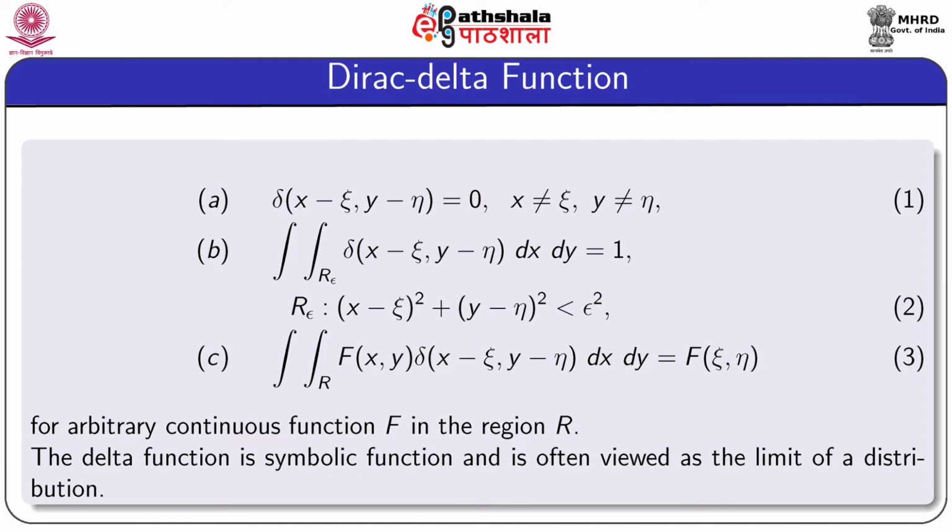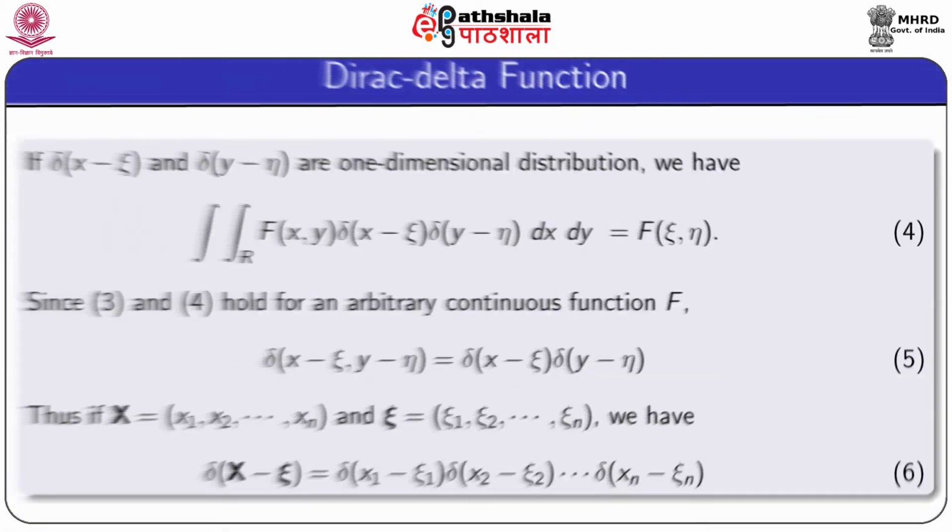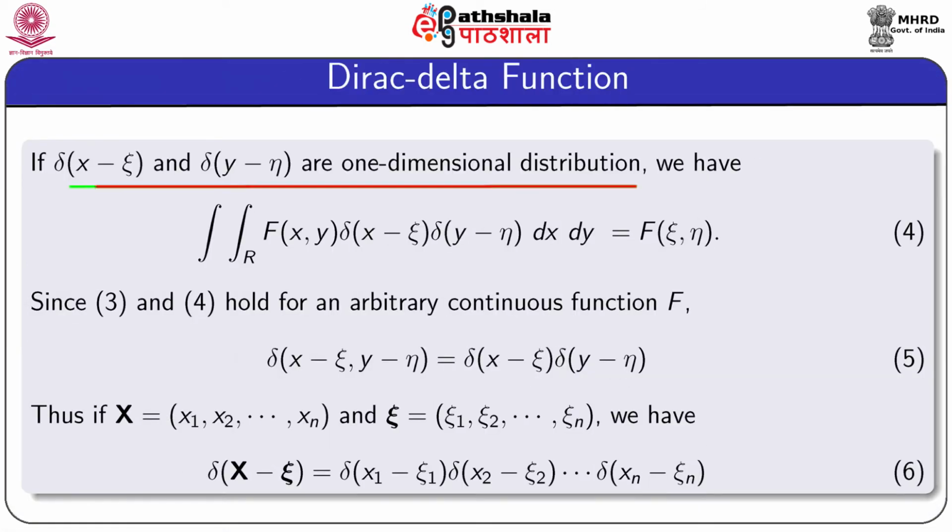The delta function is a symbolic function and is often viewed as the limit of a distribution. Suppose delta of x minus xi and delta of y minus eta are one dimensional distributions, then we can prove that the integration of f times delta of x minus xi times delta of y minus eta, dx dy, is equal to f of xi, eta.